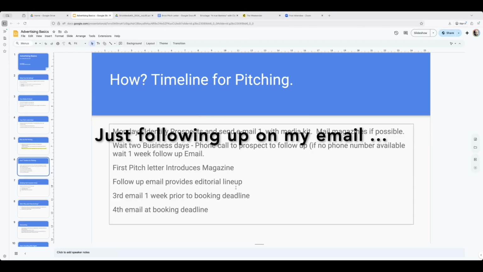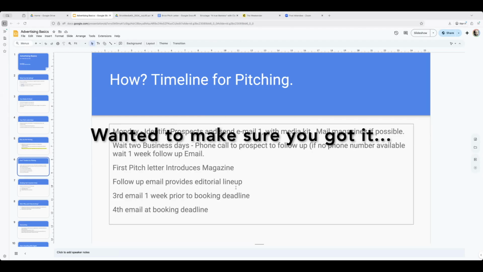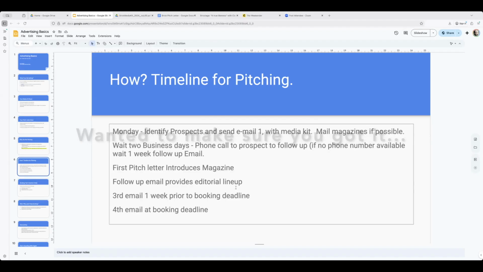Just following up on my email, Dave, would be really great to connect on this. We think it's a great fit. I put a copy in the mail to you. Just wanted to make sure you got it. I don't know where the copies go. I'm still amazed that sometimes you'll send copies to a prospect and they'll be like, oh, never got it. Do they all end up at reception where they're being read?